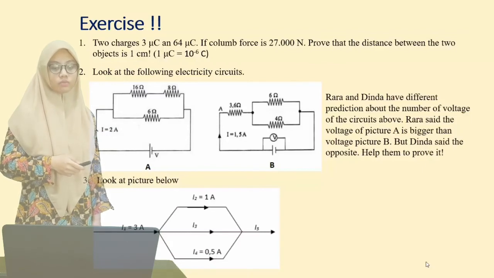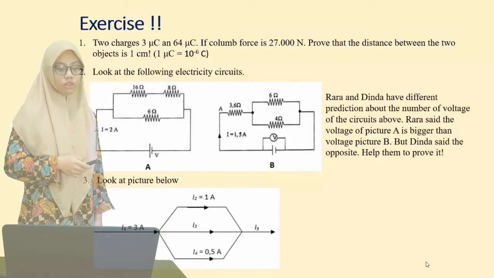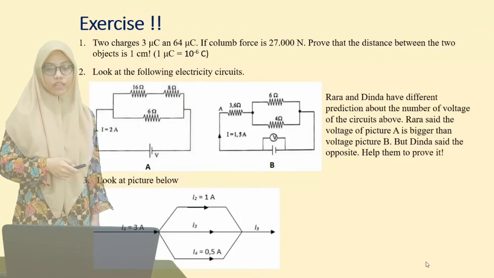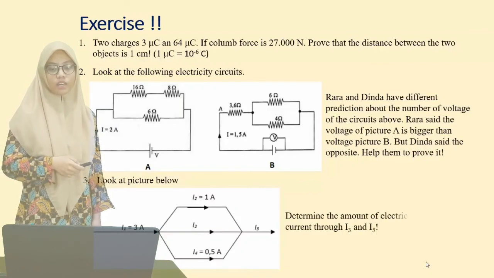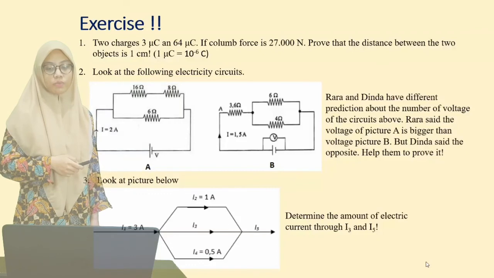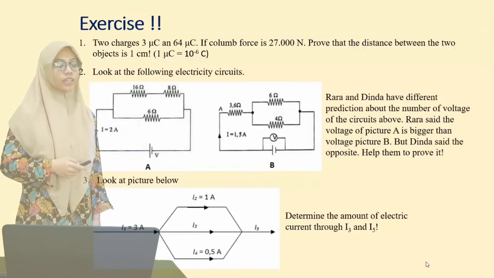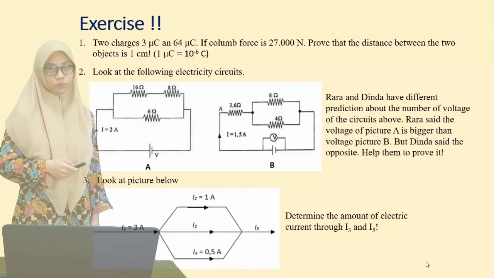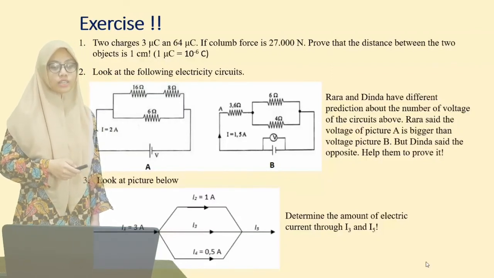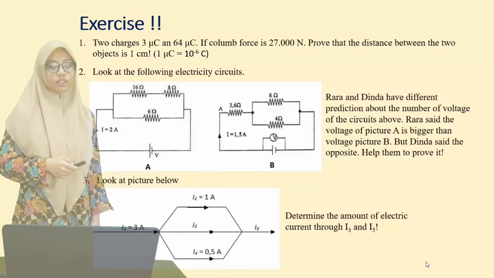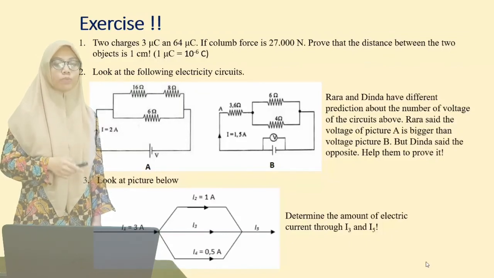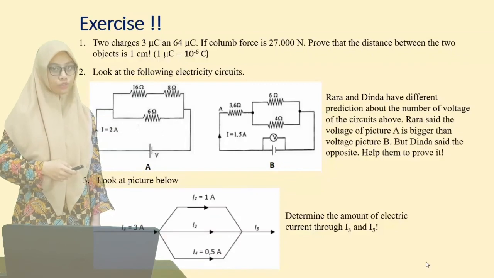I5 is unknown. Okay, determine the amount of electric current through I3 and I5. Your job is to determine the I3 and I5 values. Use Kirchhoff's law formula, with the formula I input equals I output.